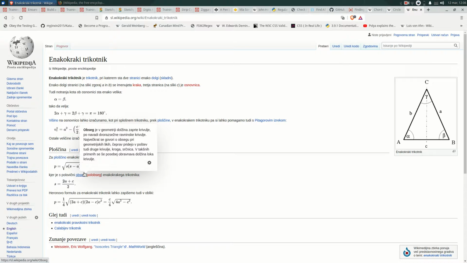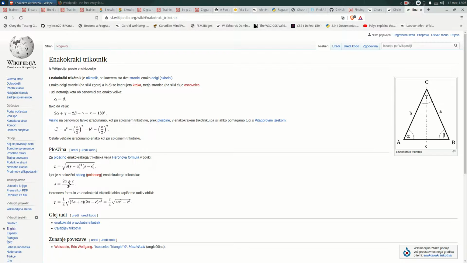Half perimeter is 2a plus c divided by 2, that's half. Heron's formula. In all of them we need a and c.